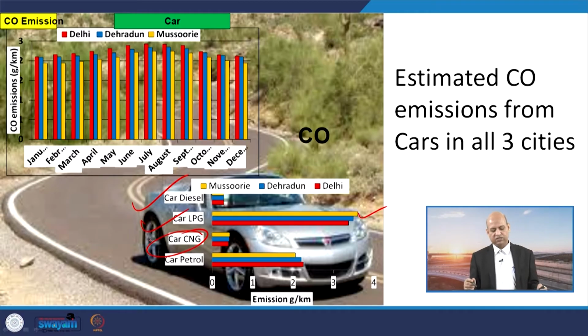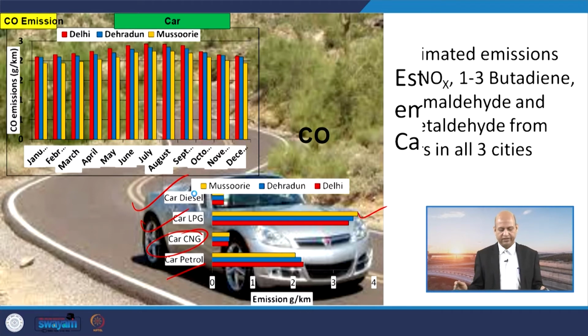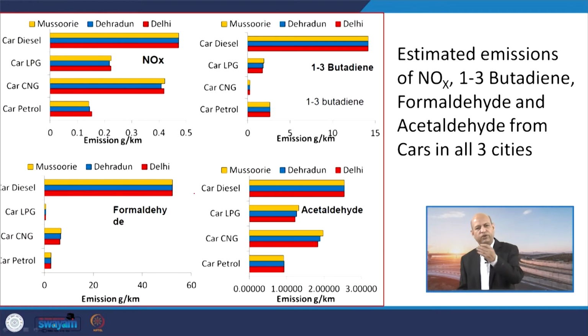So that means CO emissions from a CNG car will be less in comparison to petrol, and diesel will be further less. So the fuel-wise variation is also there. Similarly, if we see the emissions from the car of NOx, butadiene etc., a different kind of scenario is there.